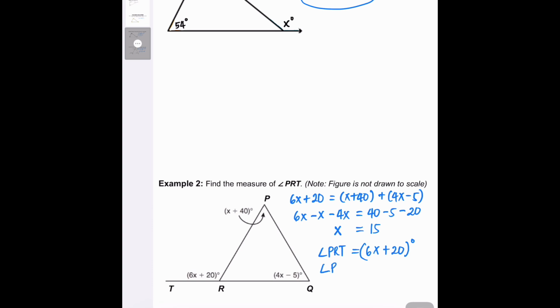So angle PRT is equal to 6 times 15 plus 20 degrees. 6 times 15 is 90. Angle PRT is actually 110. Angle PRT measures 110 degrees.